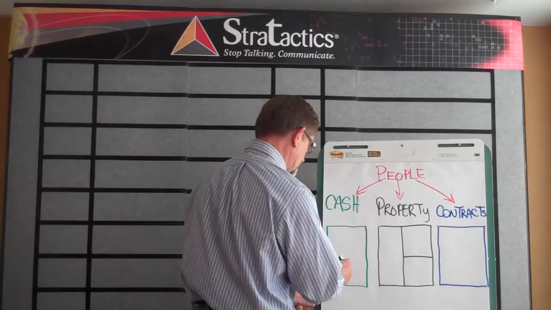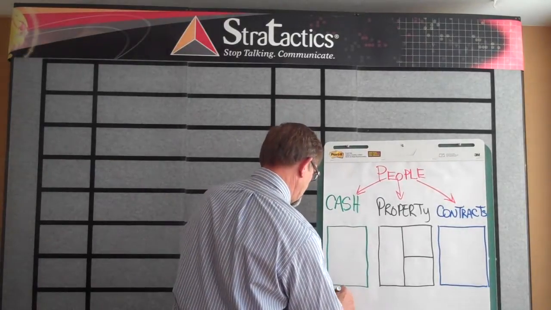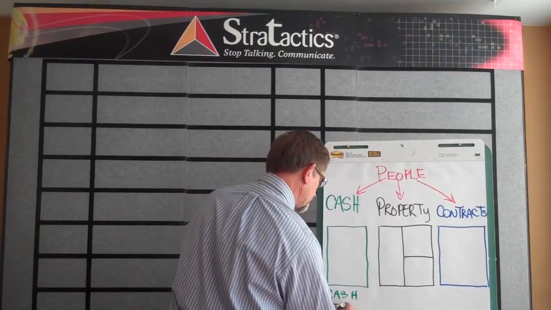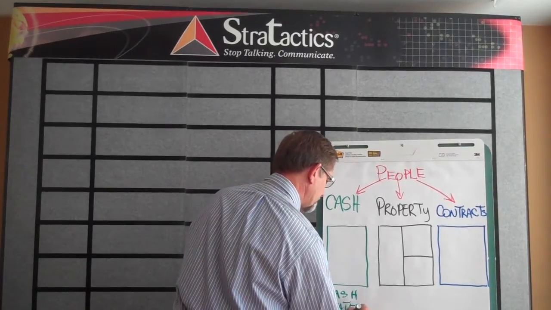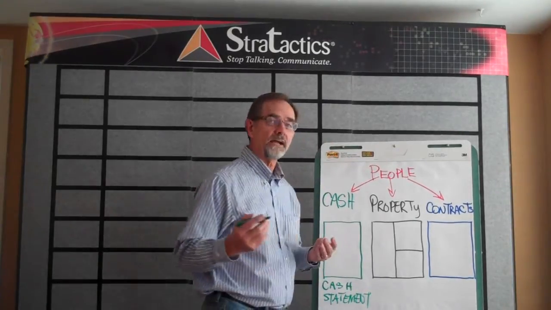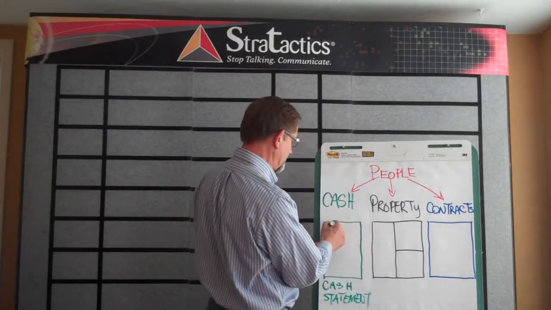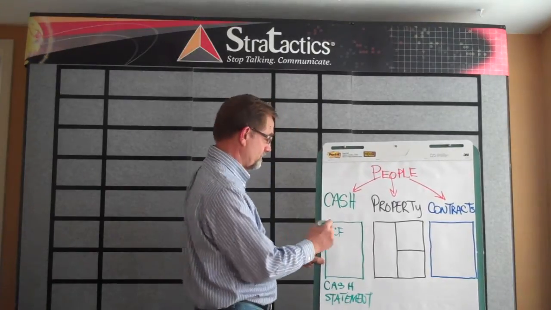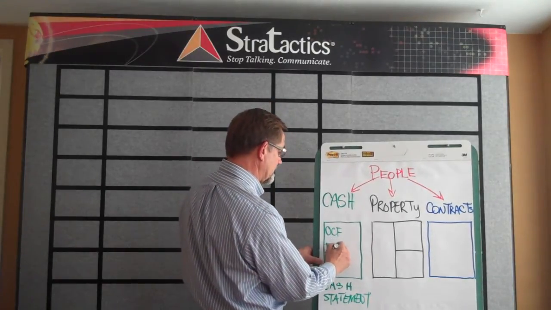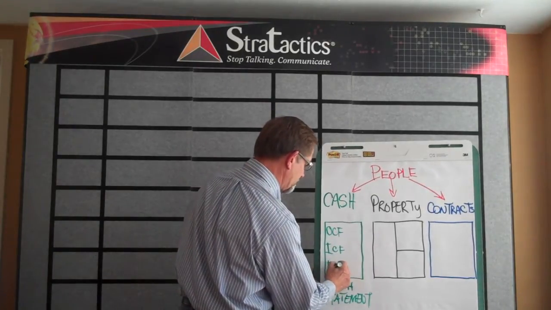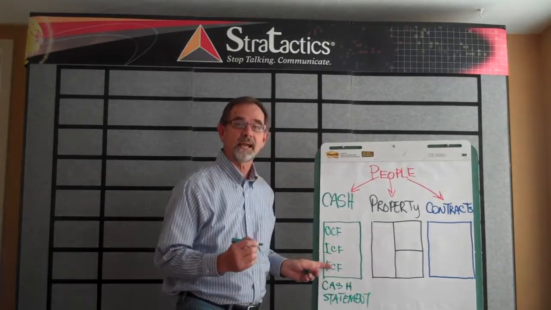Cash, of course, is measured and associated with the cash statement. And there are three types of cash flow that you have to manage: what's called OCF, operating cash flow, ICF, which is investing cash flow, and FCF, which is financing cash flow.